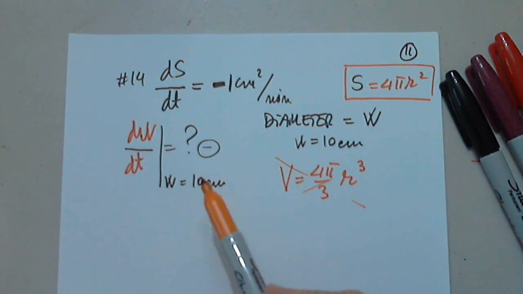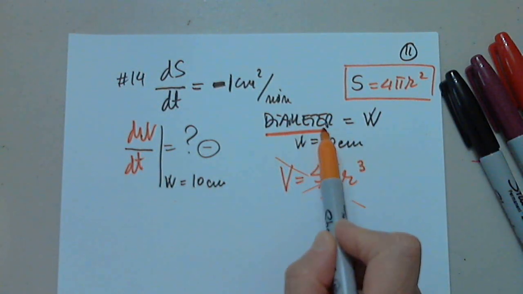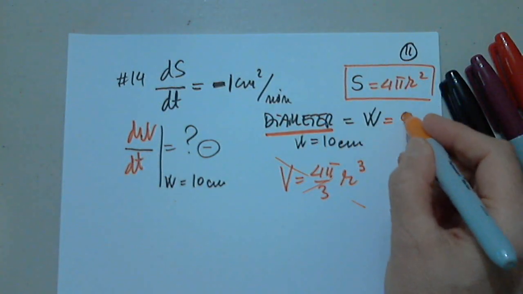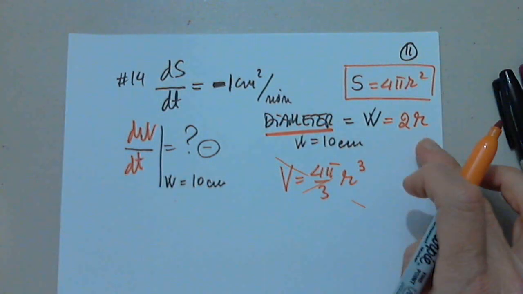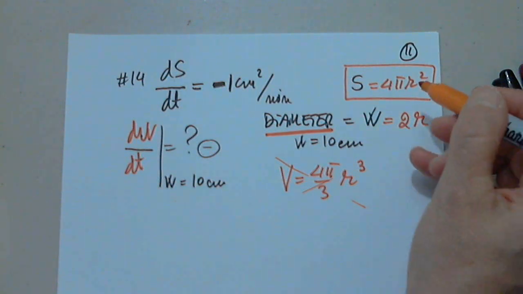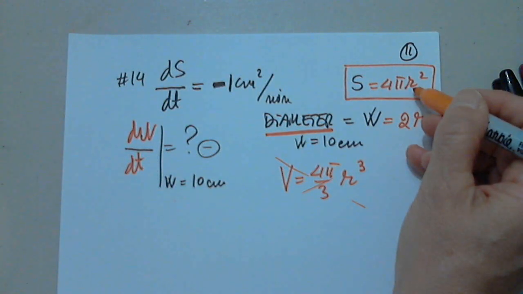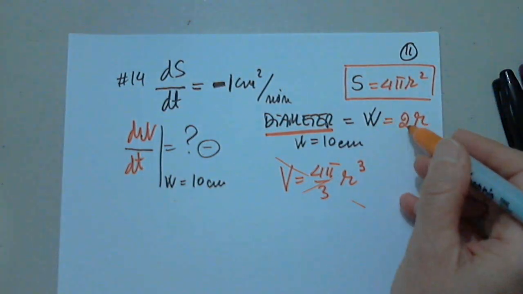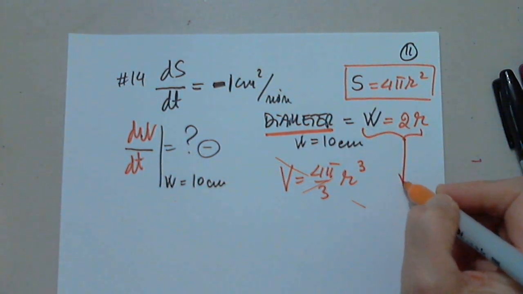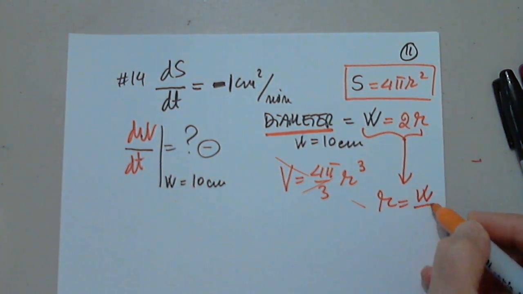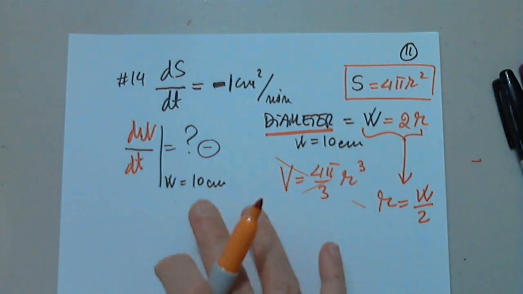Now, we're talking about diameter. You already know that the diameter is 2 times the radius, 2r. I don't know anything about the radius. I have to replace the radius by w over 2. So r equals w over 2, and it has to go into the formula.